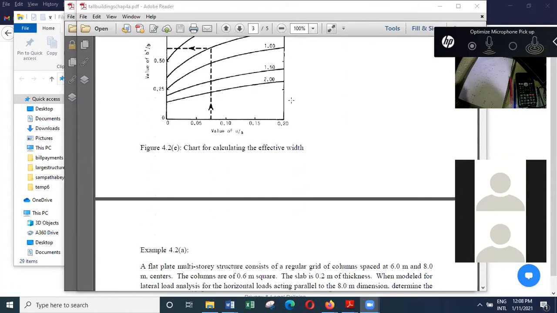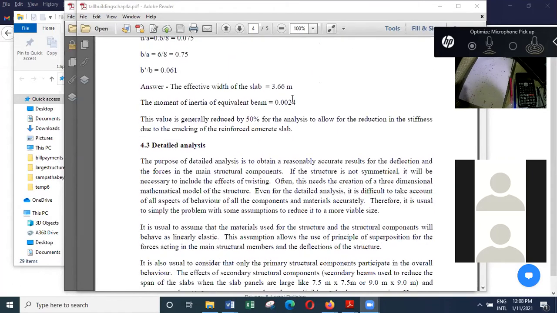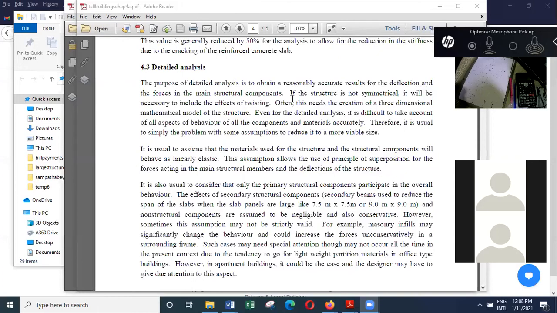But when it comes to detailed analysis, generally when you are doing the analysis, we ignore certain effects. The effects that are not very significant, we generally ignore. For example, when you are designing a beam subjected to vertical load, it will bend downwards.